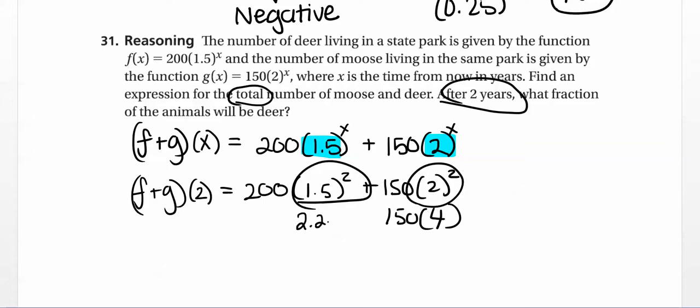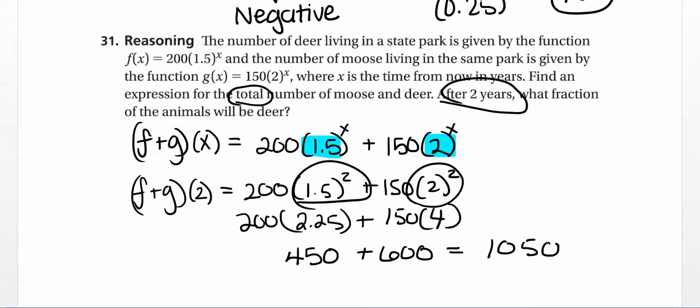And that's 2.25 times 200. So I'll have to multiply. Okay, so that's 450. And that's going to be 600. So that's 1,050 animals.